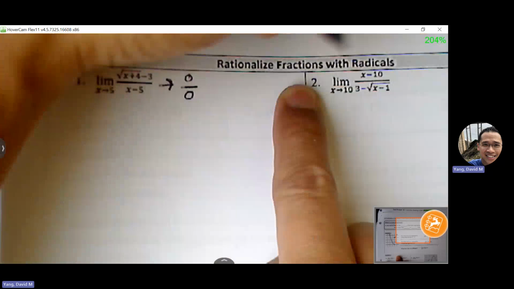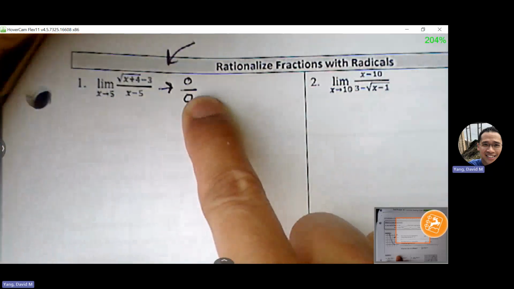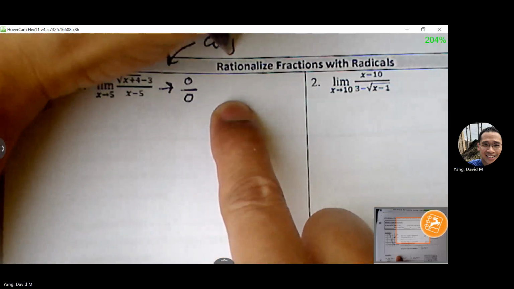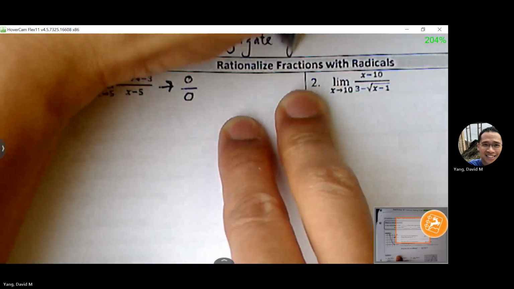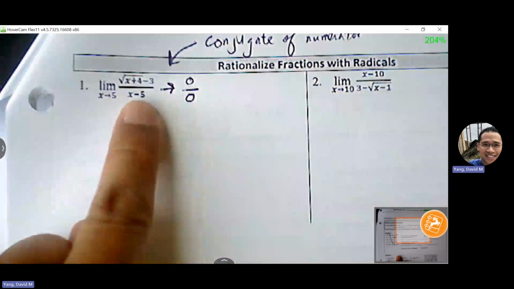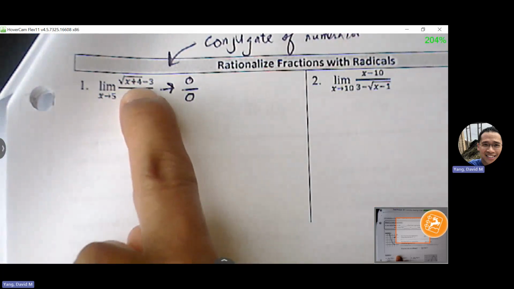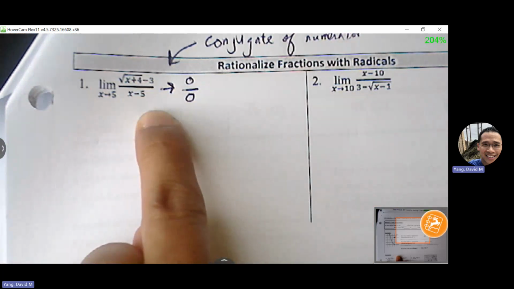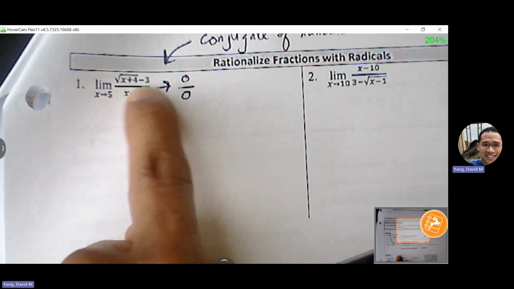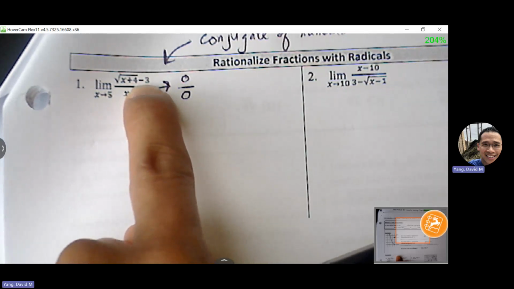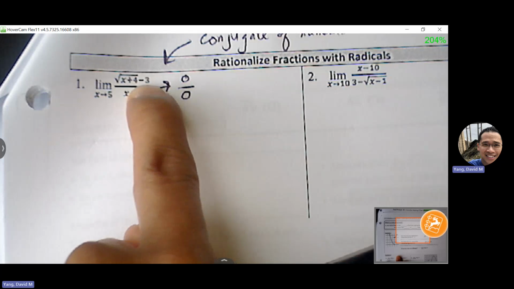So we're going to be rationalizing the numerator by multiplying by the conjugate of the numerator. And the conjugate is the exact same expression as the numerator, except with a change with what? The sign of what's between the two terms, not inside the radical. You're only going to change what's between the radical and 3.